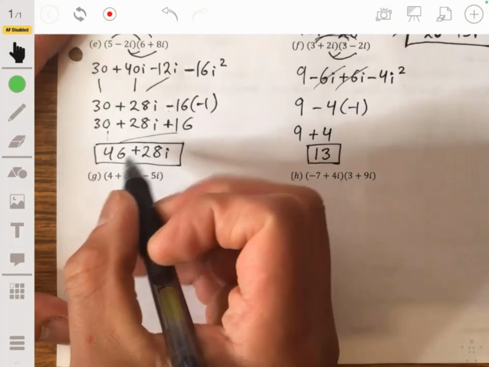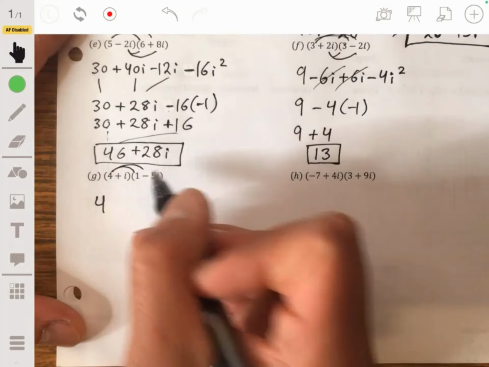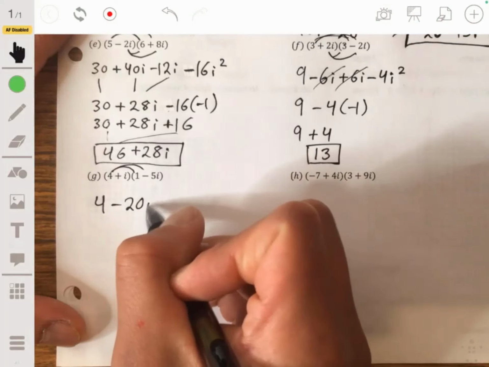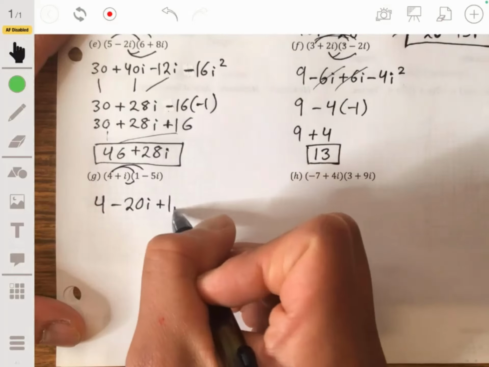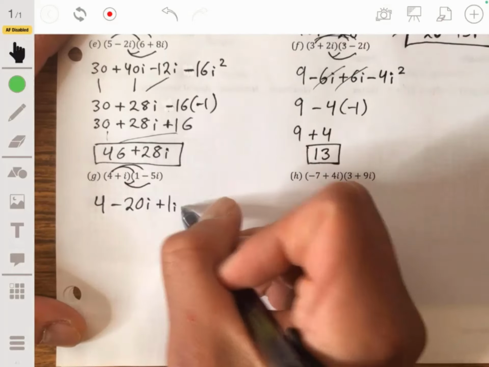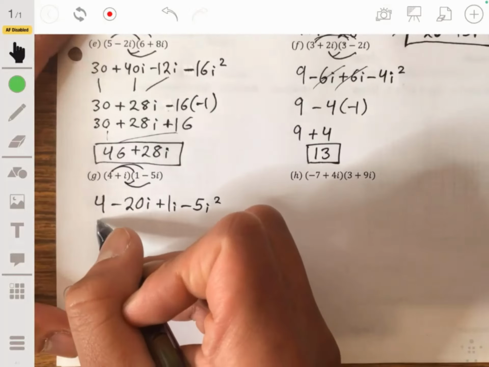All right, for the next one, we go 4 times 1, 4. 4 times minus 5i, minus 20i. i times 1, plus 1i. i times minus 5i, minus 5i squared. Drop the 4.